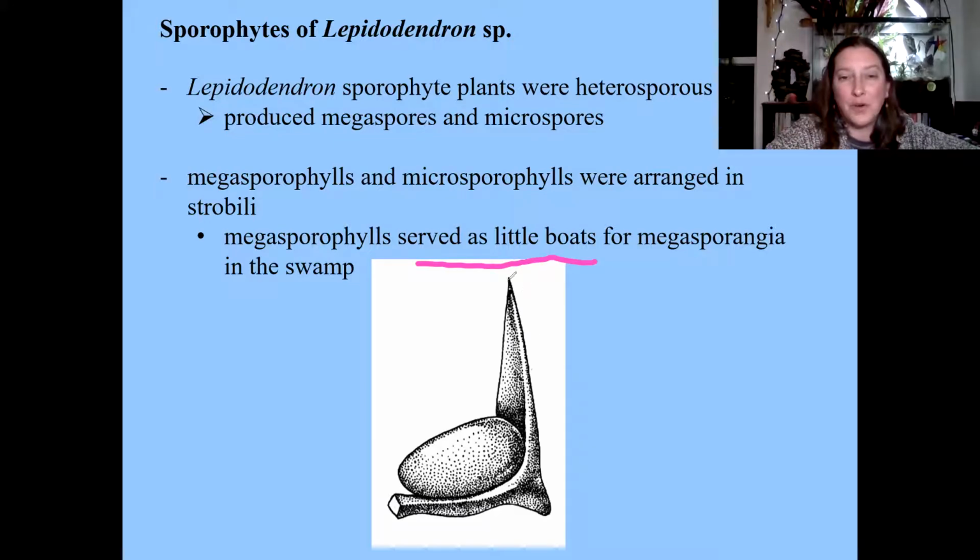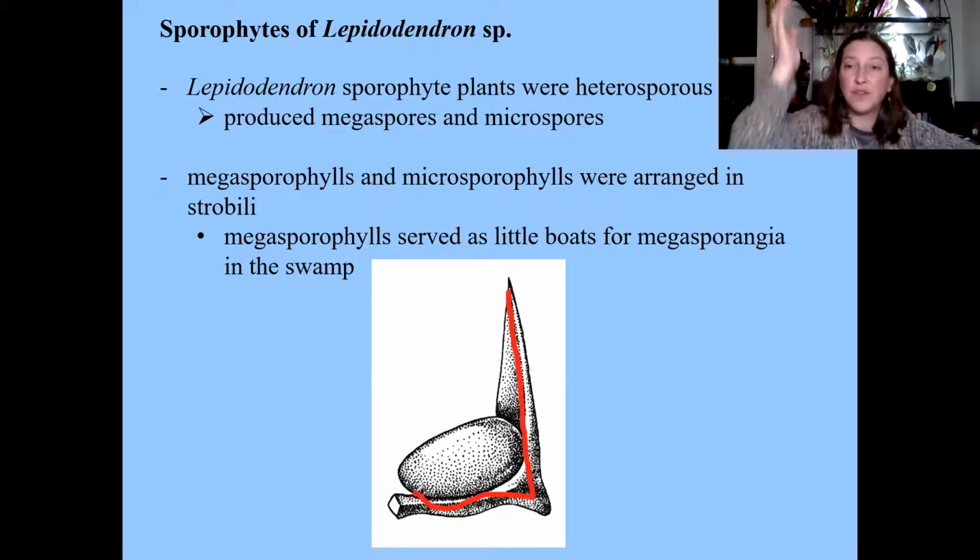So basically, here you go. This is a megasporophyll, and on it is a megasporangium. Inside of there would be megaspores. But basically, this megasporophyll would serve as a little boat.